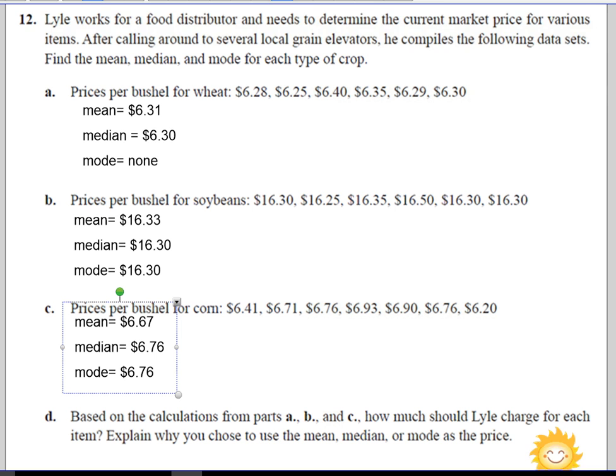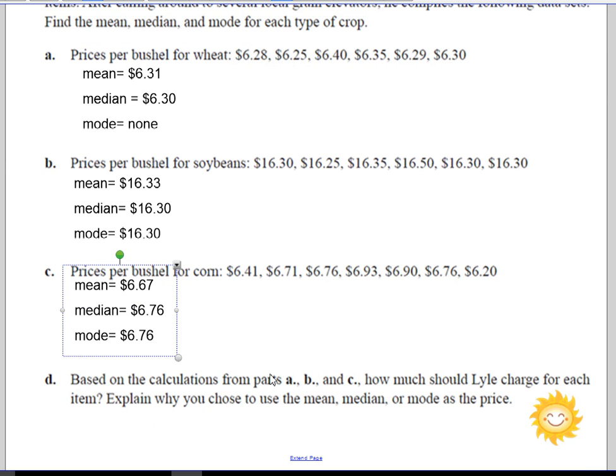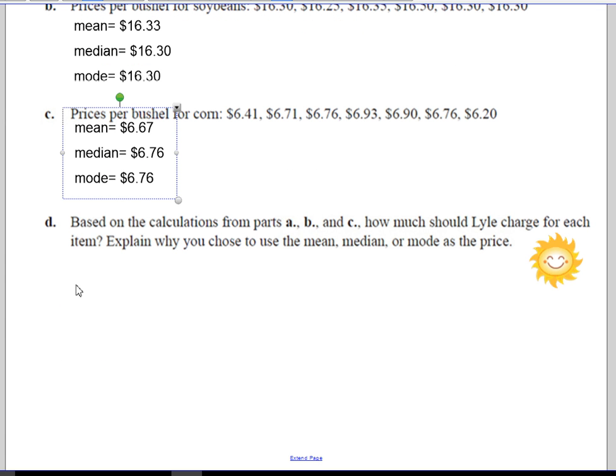And so it says, based on the calculations from parts A, B, and C, how much should Lyle charge for each? Explain why you chose to use the mean, median, or mode as the price.